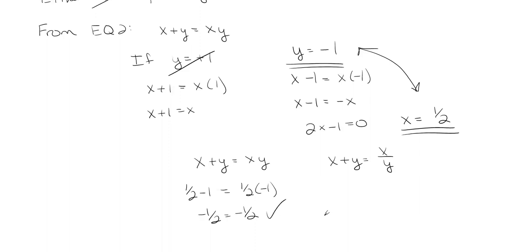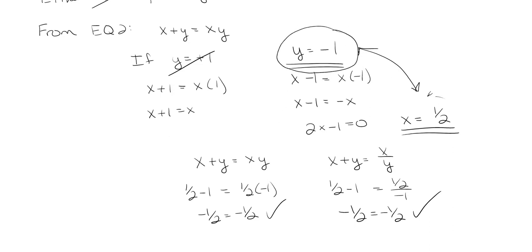Hey, that works. What about the second one? 1/2 minus 1 is equal to 1/2 divided by minus 1. What does that equal? Minus 1/2 is equal to minus 1/2. It works out. So we have found one possible solution using this method: y is equal to minus 1 when x is equal to 1/2, and that is my answer for this question.